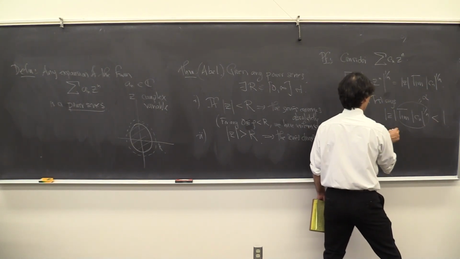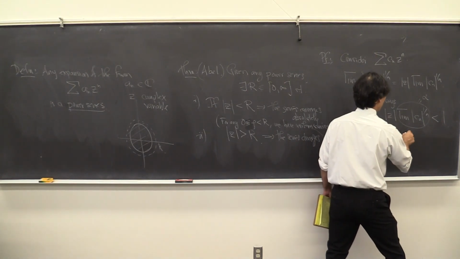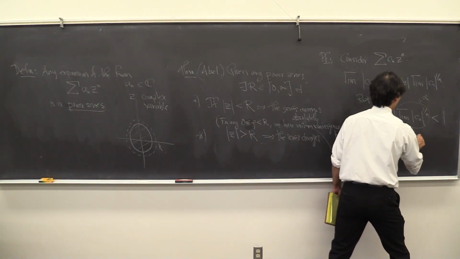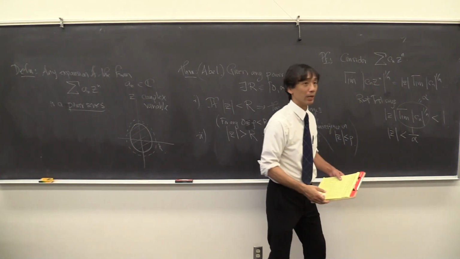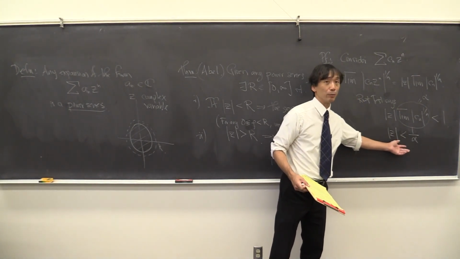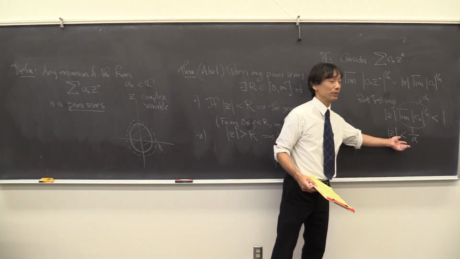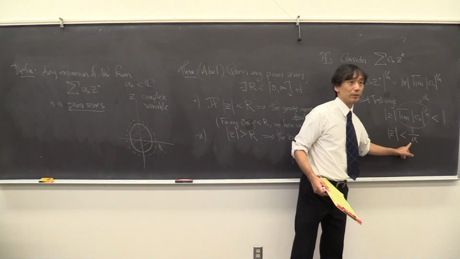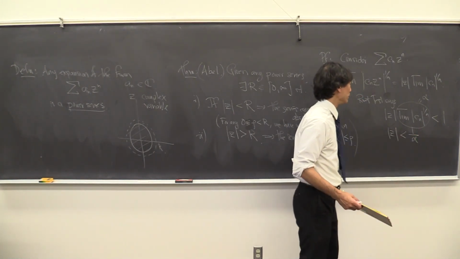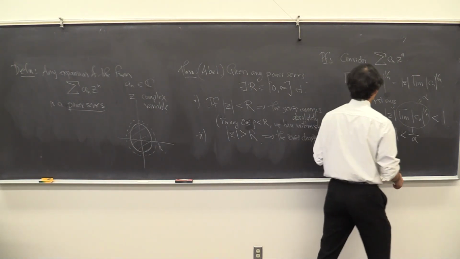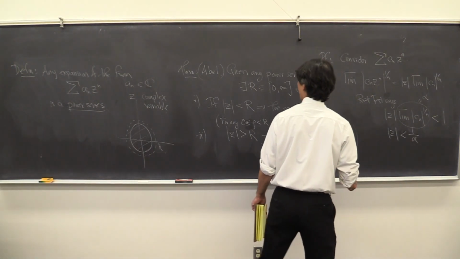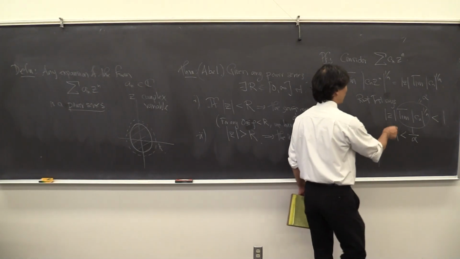It's saying that as long as absolute value of z is less than 1 over alpha, then you've got absolute convergence. If it's greater than 1 over alpha, then you've got divergence, right? So this 1 over alpha is the radius, right? So that's the result of that part.